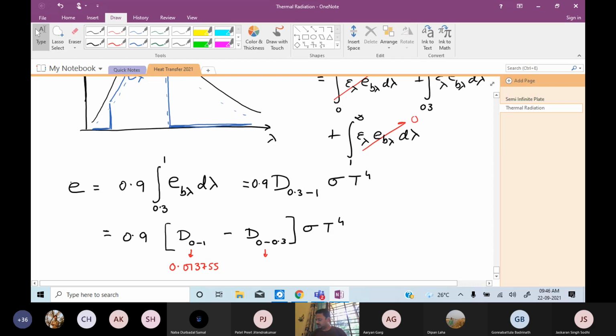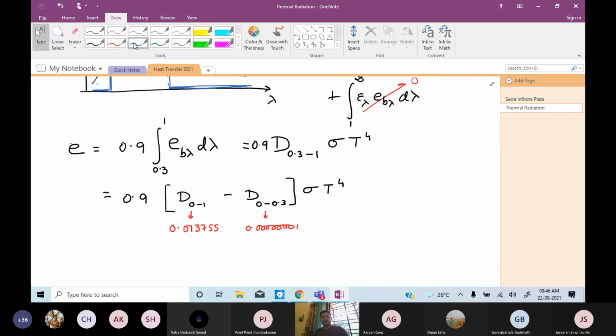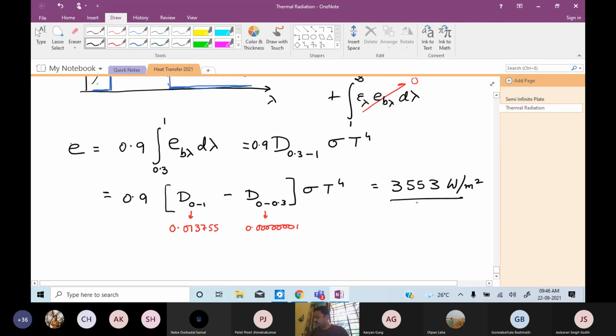So this will be 0.00000000001, something like that, so almost 0. And we know this is 5.67 10 to the power minus 8, and this is 1500 to the power 4. If you do all this, you will finally get the value to be 3553 watt per meter squared. This is your answer.